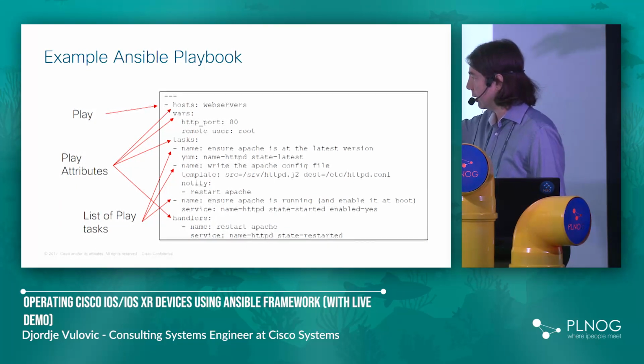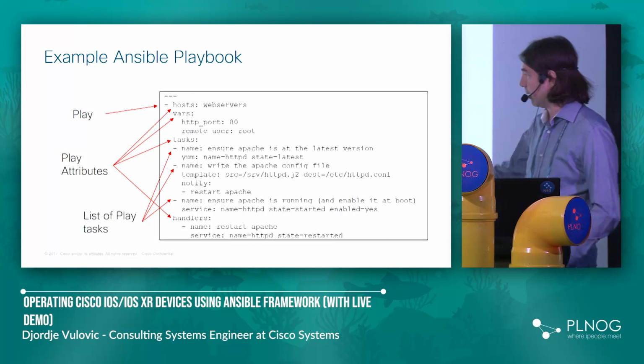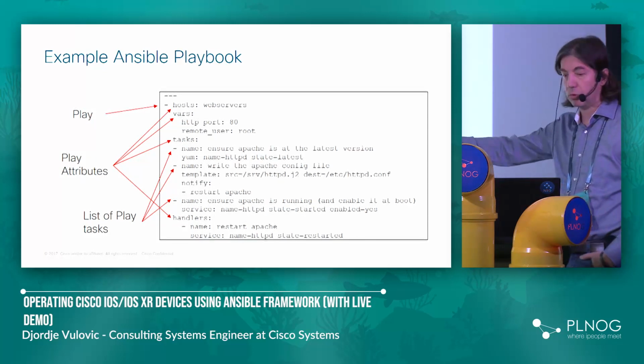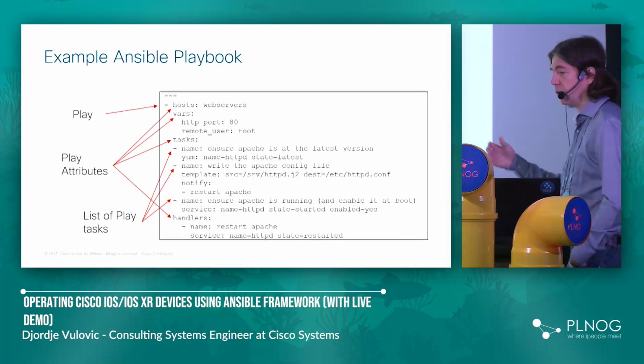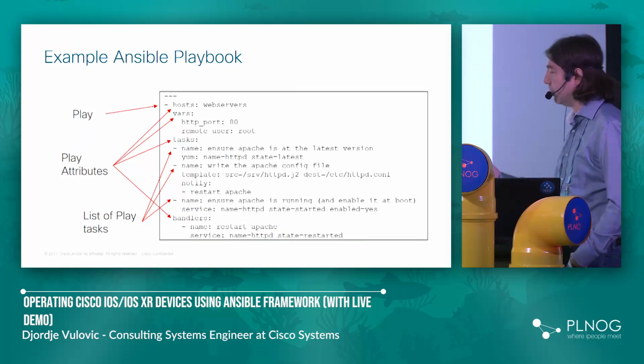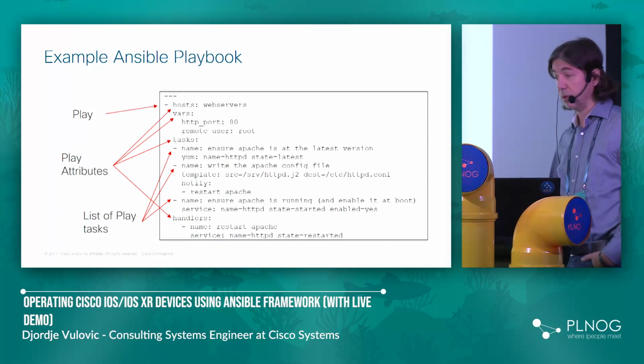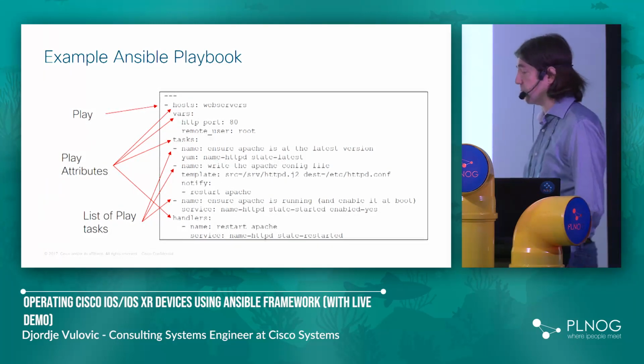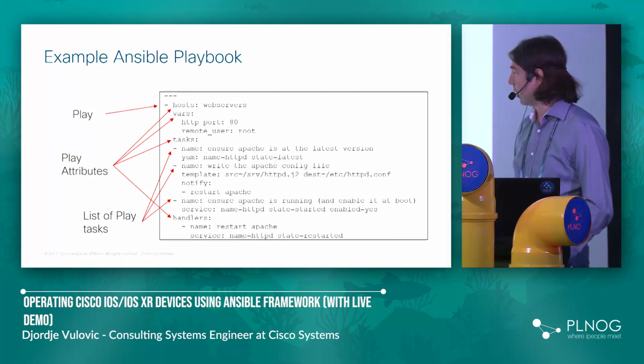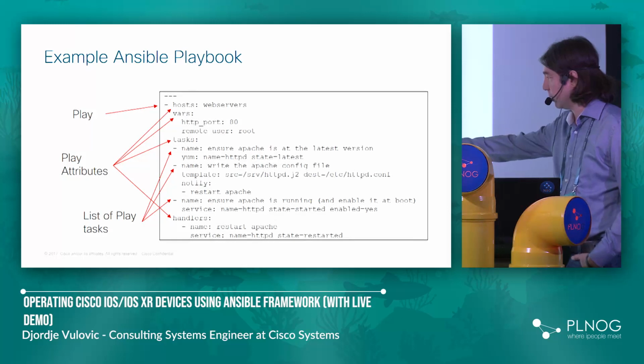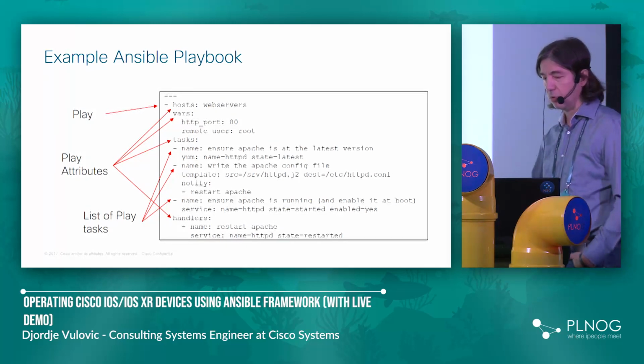Then the second task calls the Ansible module called template, which instantiates a text file based on a certain template that you have built. And you will see that this is something we are going to use pretty extensively in the networking environment. And then you have, for example, the service module.